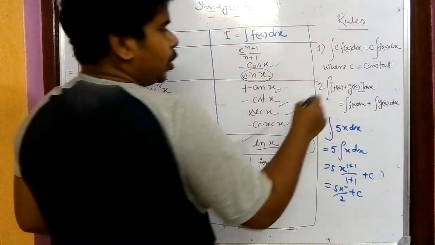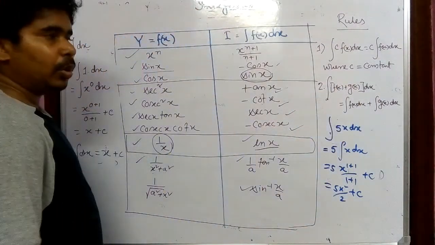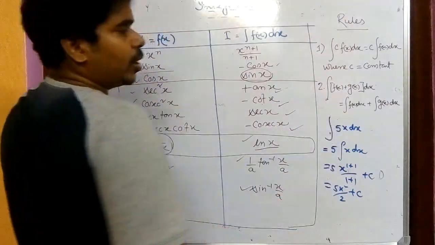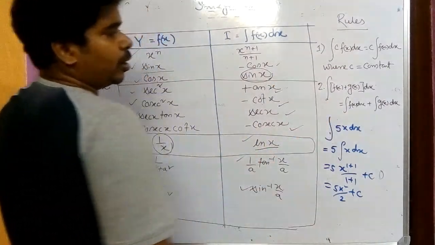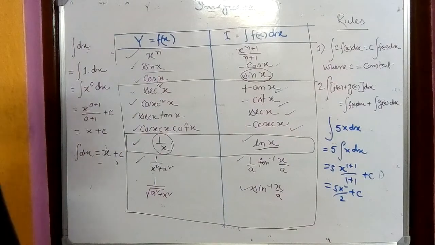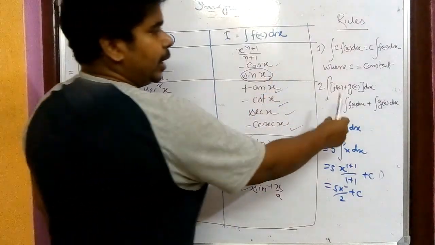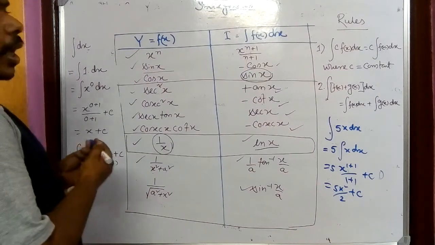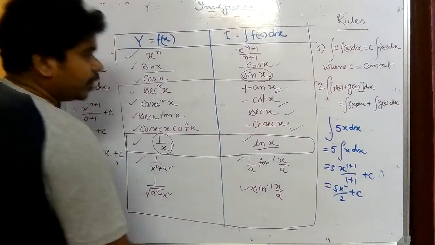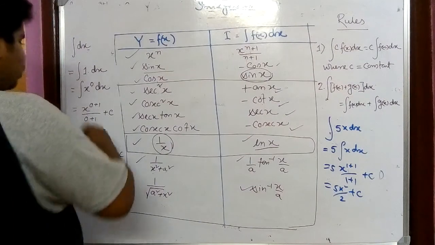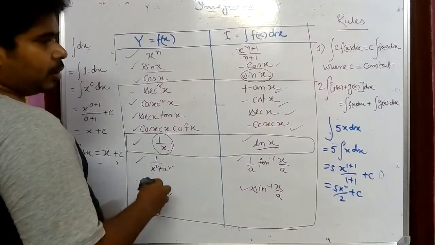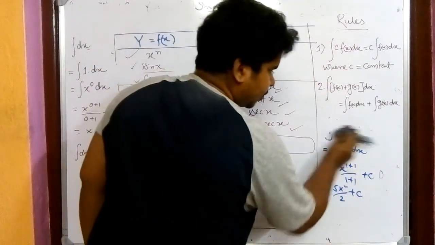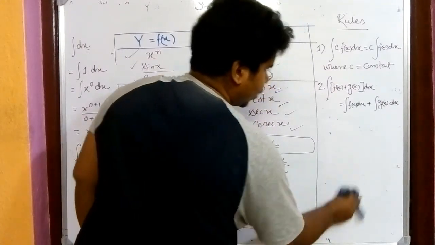And if two functions are given to you, either in the form of addition or subtraction, what do we have to do? We have to treat them separately. Just assume a function is given like this. I think you have remembered this one.